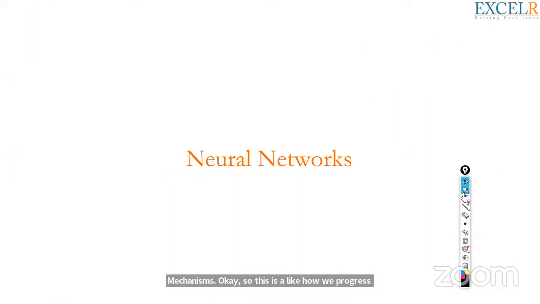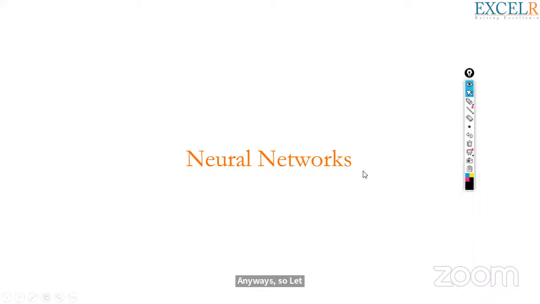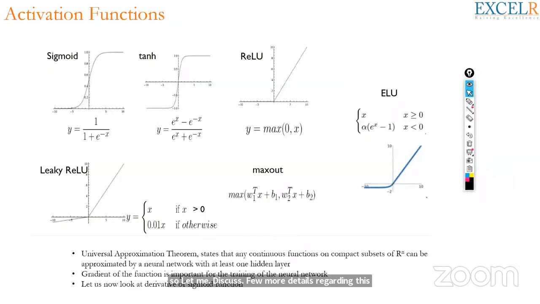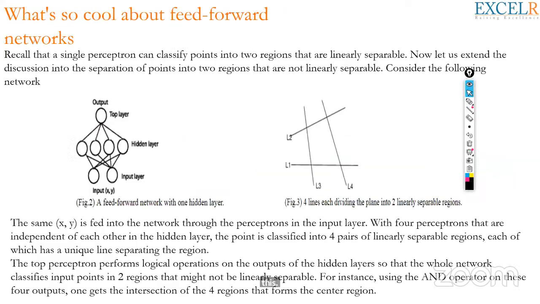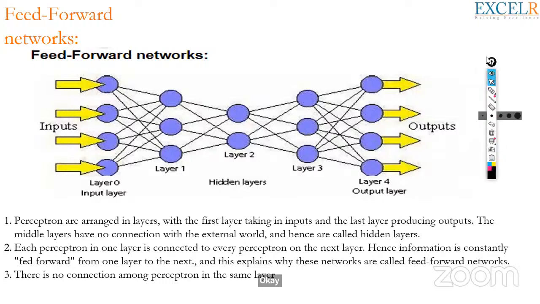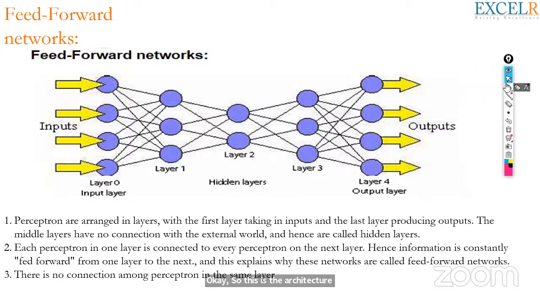Anyways, let me discuss a few more details regarding this neural network architecture. Okay, guys, this is the architecture we have. And in this architecture, this is the input layer. This is the layer where we provide the input to this architecture.